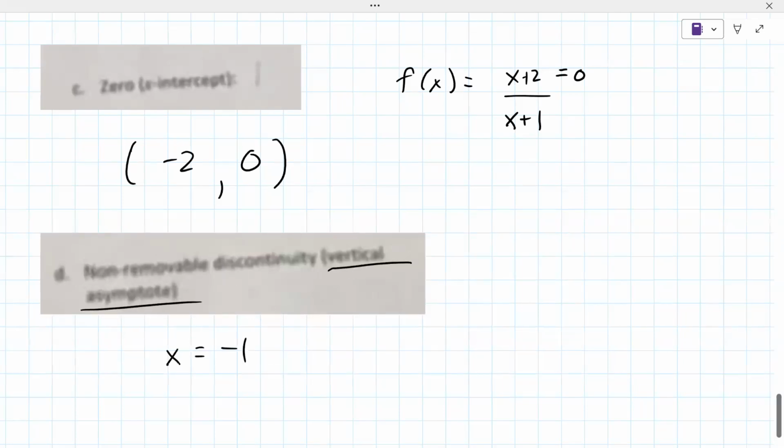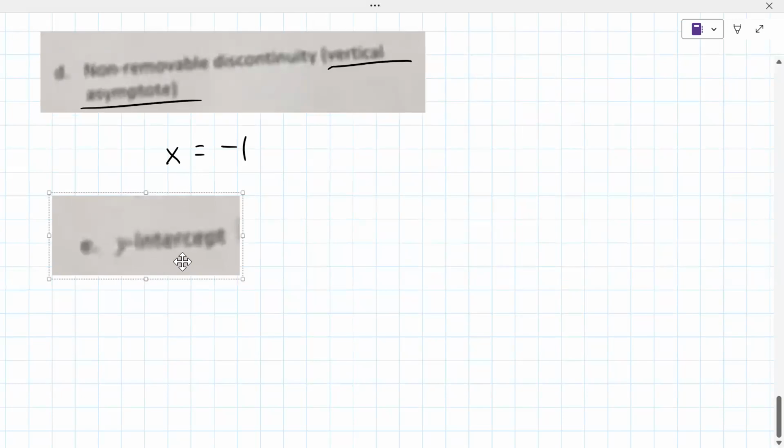Good. And then the y-intercept is next. Is it just -2 over 1?